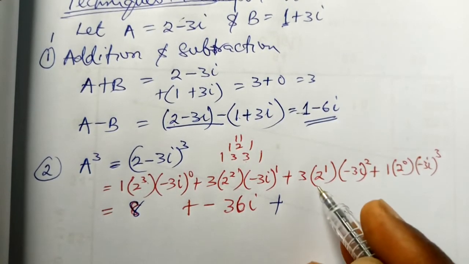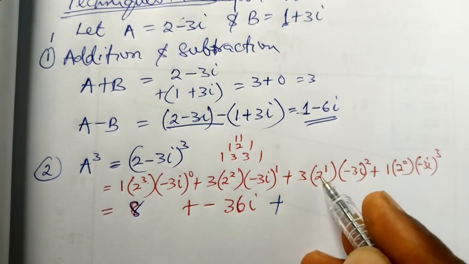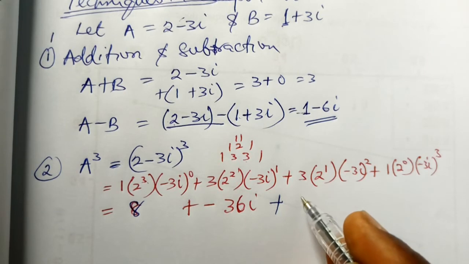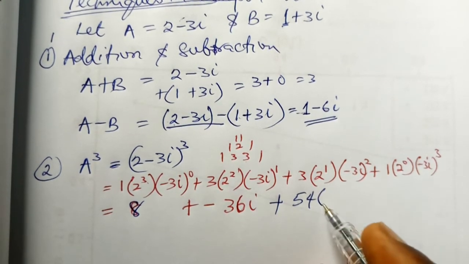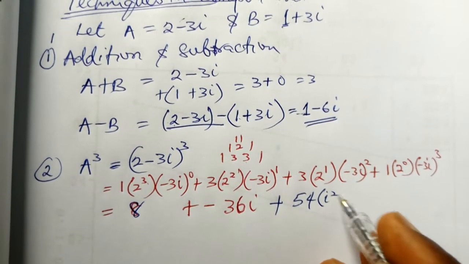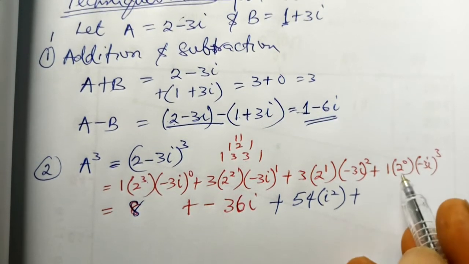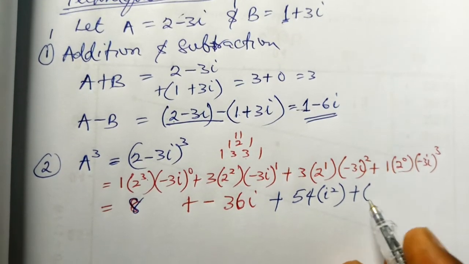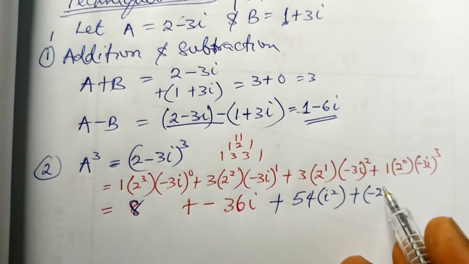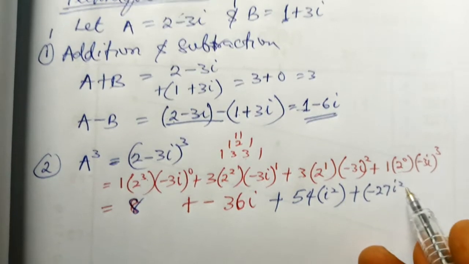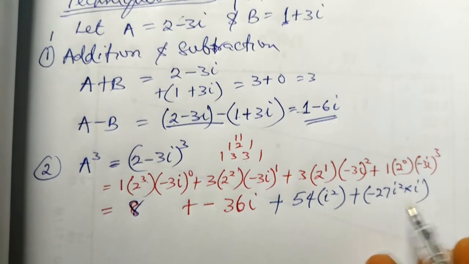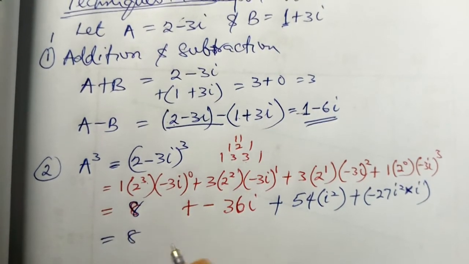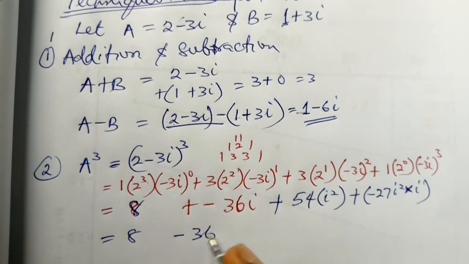Plus this one is 2 times 3 is 6, times 9 is 54, times i squared. Plus this one is 1 times 1, but this one is minus 27 times i squared times i. I'm breaking it down. i squared times i is i cubed.